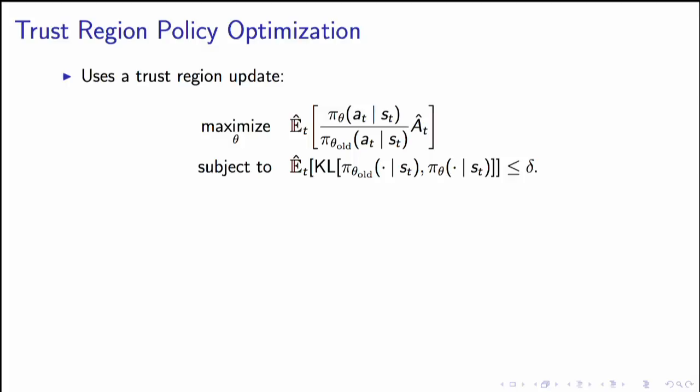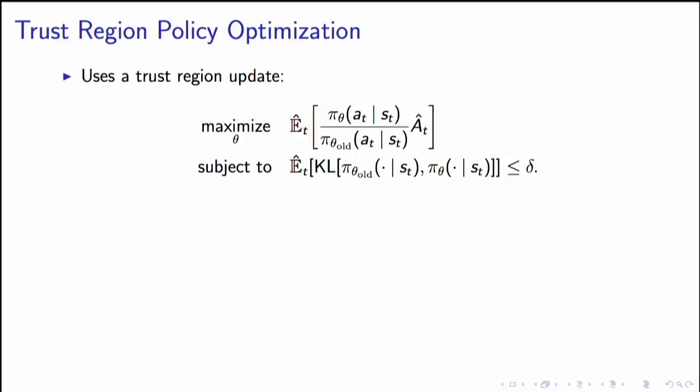So the basic idea is we write down this objective function, which looks like an importance sampling estimator, and in fact, it's quite closely related to importance sampling. We want to maximize this expression that looks like expected advantage under your new policy, which is pi sub theta. And we do this subject to a constraint that we're not moving the policy too much.